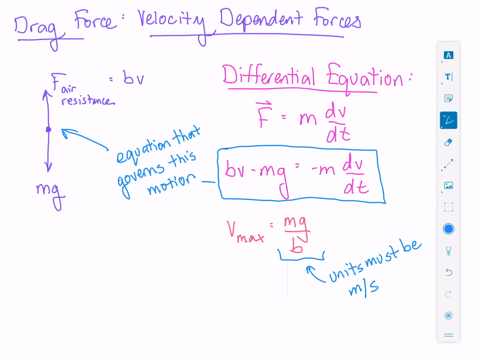So you can say, well, mg over b has to equal meters per second, so you can do some math to figure out what the units for b would be. You could try that. It ends up being, in this case, kilograms per second. Again, it's going to vary depending on what function they give you for your air resistance force, but the velocity max will have to equal meters per second.